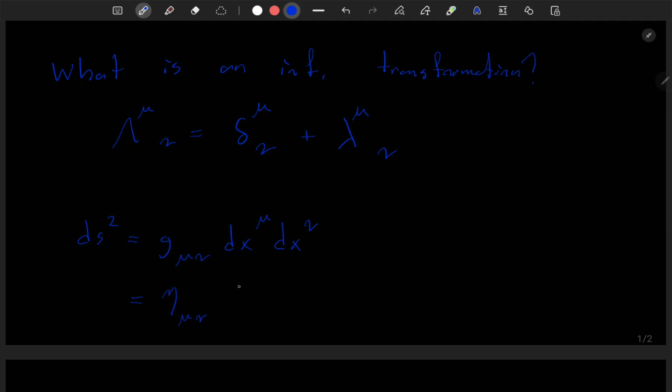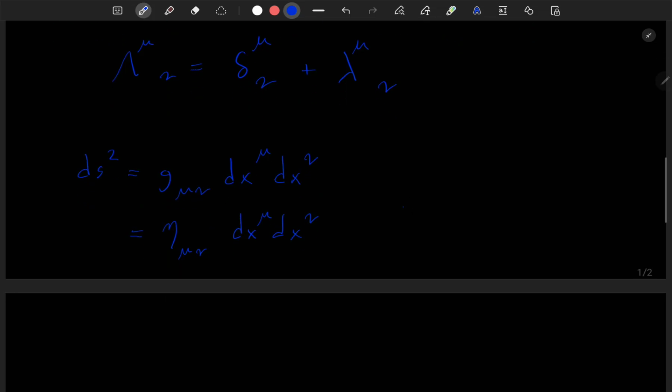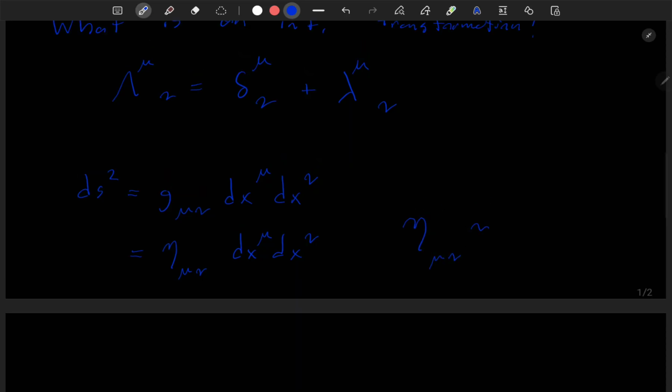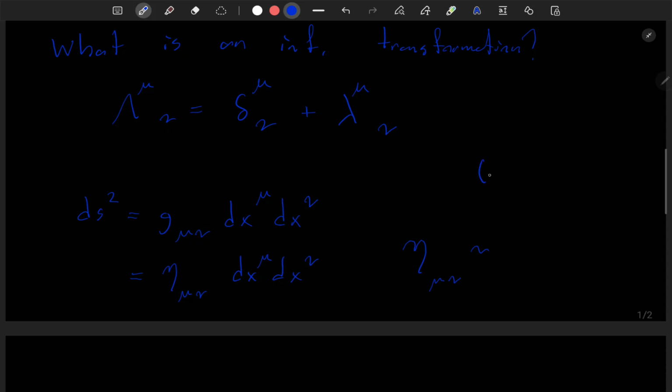So we're going to use a Minkowski metric, dx mu, and this matrix in our, let's do mostly pluses signature. It's going to look something like -1, 1, 1, 1, with the zeros off the diagonals.